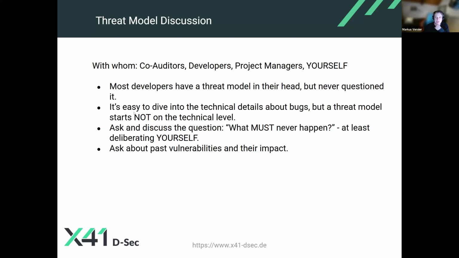That also helps you as a kind of reality check when you dive deep into the technical details or into bugs. The threat model actually starts not at a technical level, and it's a reality check if it's done right. There can be invalid threat models that exclude stuff that shouldn't be excluded.